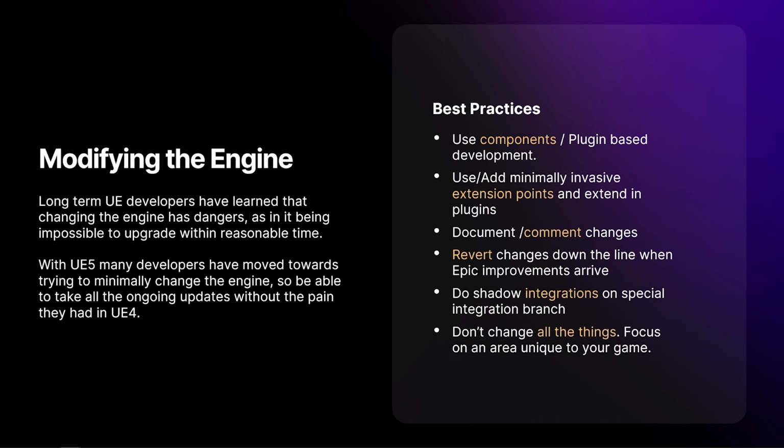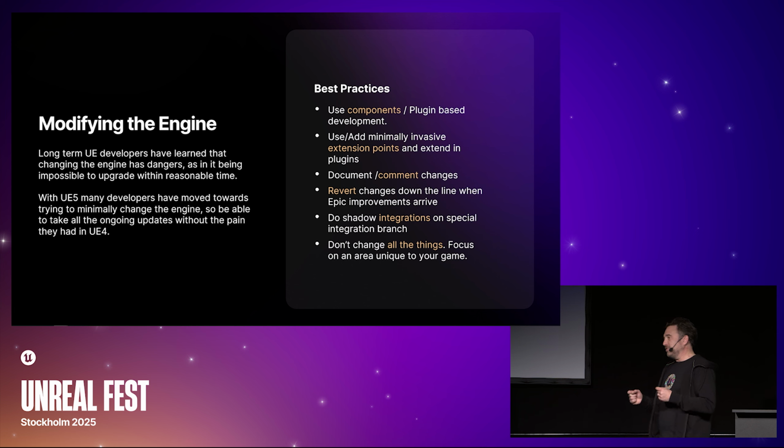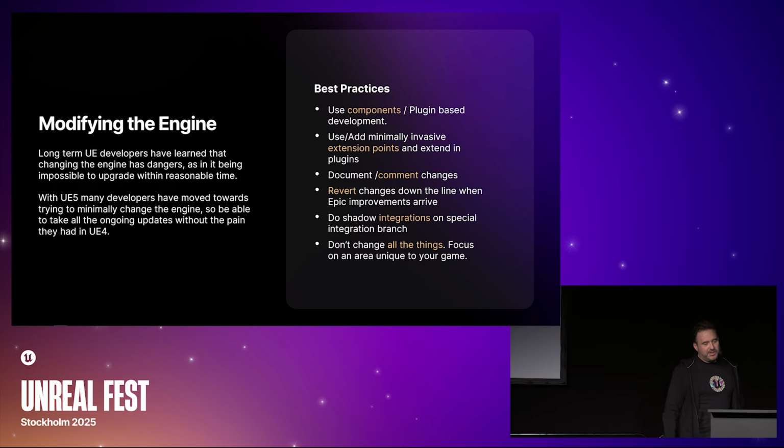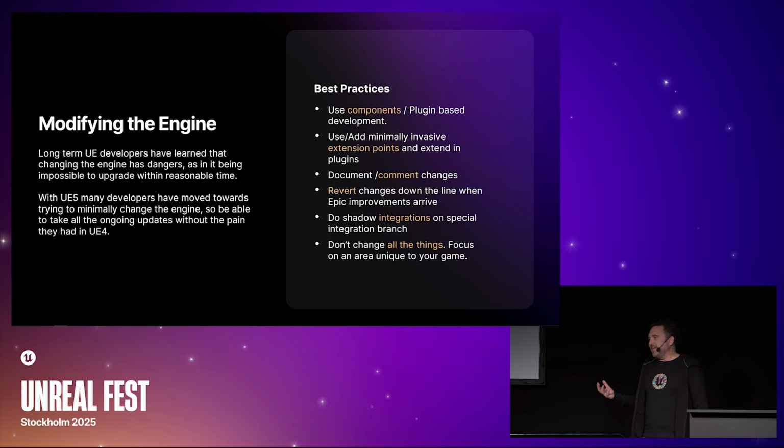Be careful about where you extend, but if there are extension points, use them. If you want to use a new extension point or propose one, we'll probably take pull requests for reasonable requests. If you change things, comment it, right?